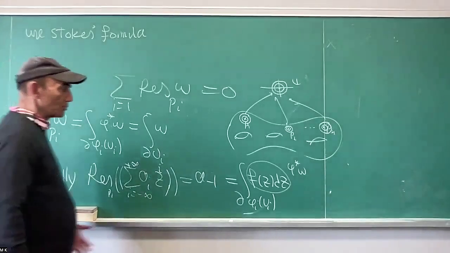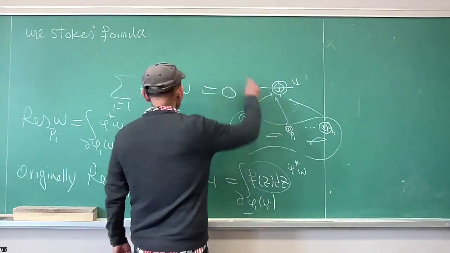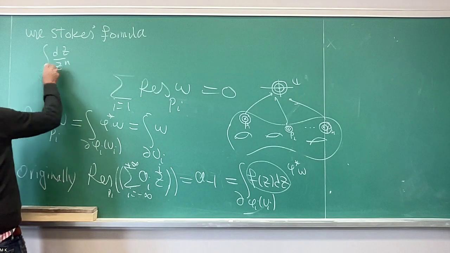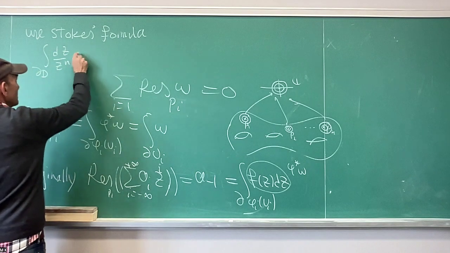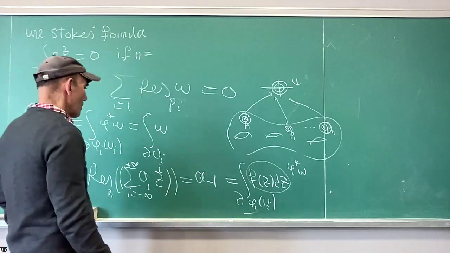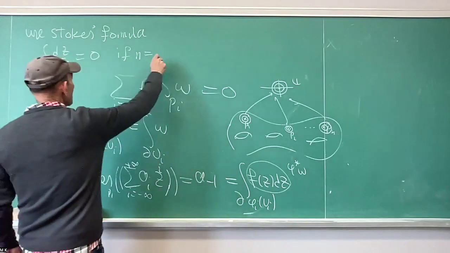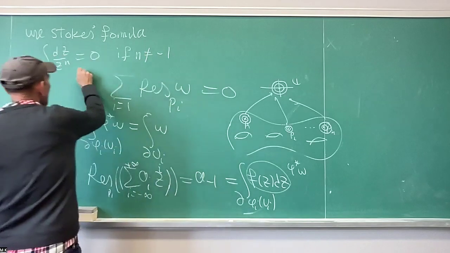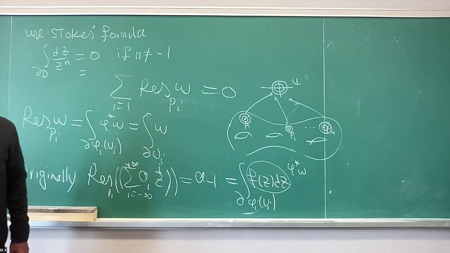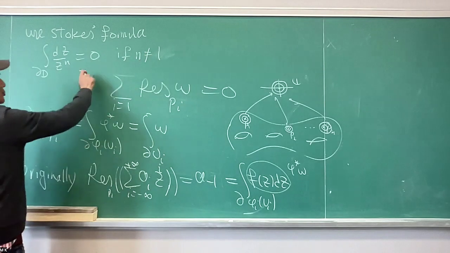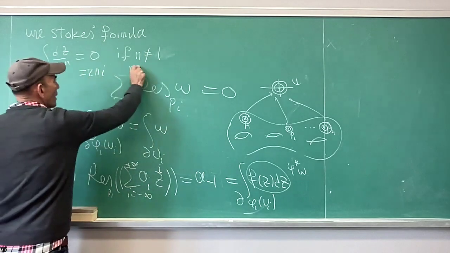And that fact is very easy to establish because it just follows from the following result. The integral of z^n over the boundary of any disk, it doesn't matter, is equal to 0 if n is different from -1, and is equal to 2 pi i if n is equal to -1.